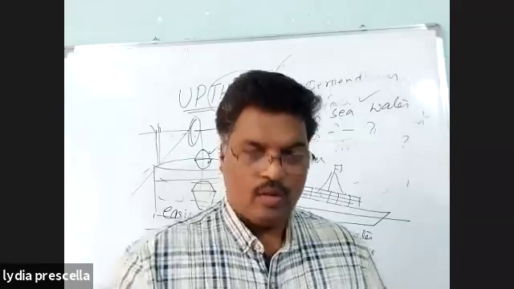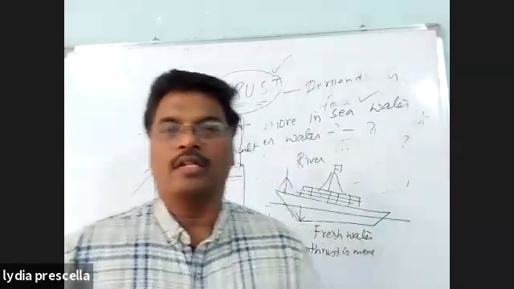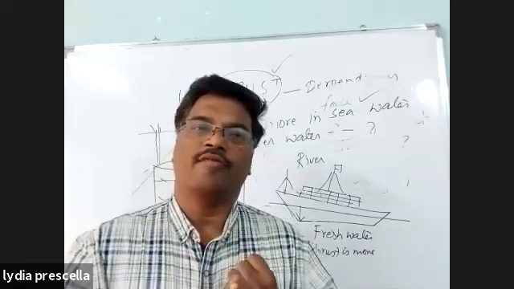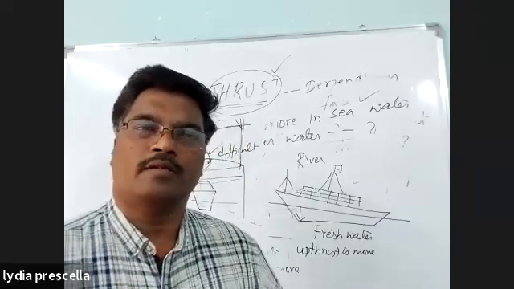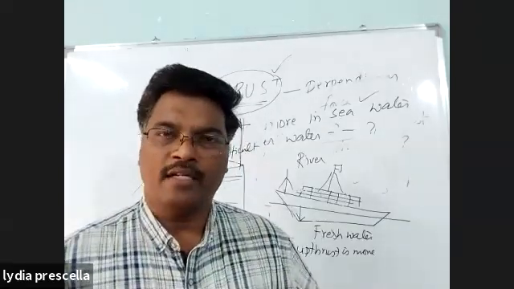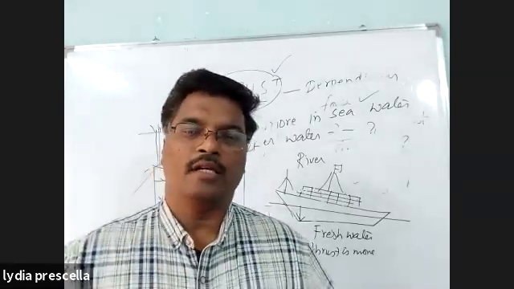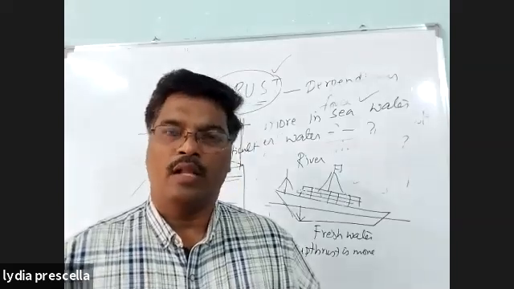This is one thing. Now I told about number one, the definition of upthrust, then the formula to calculate upthrust, then the factors affecting upthrust, that is density, then volume, then acceleration due to gravity, all these things I told.